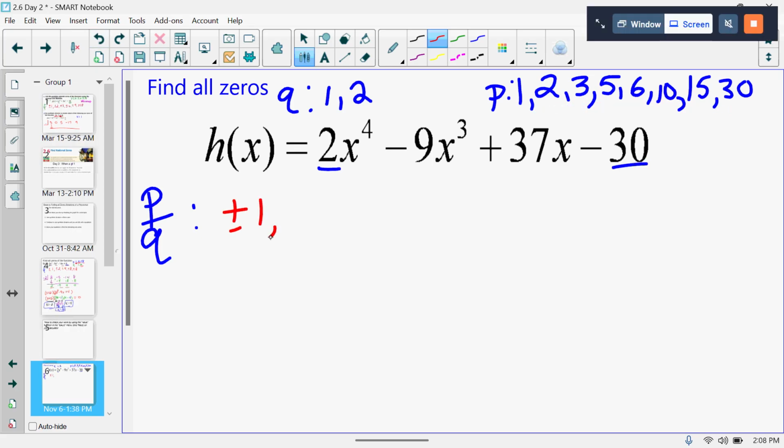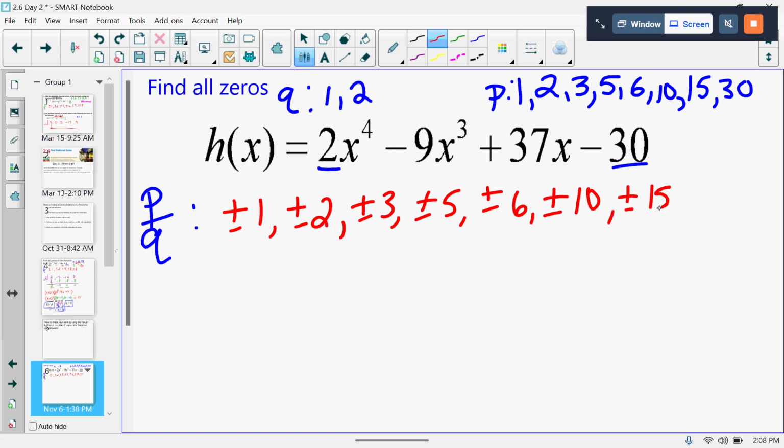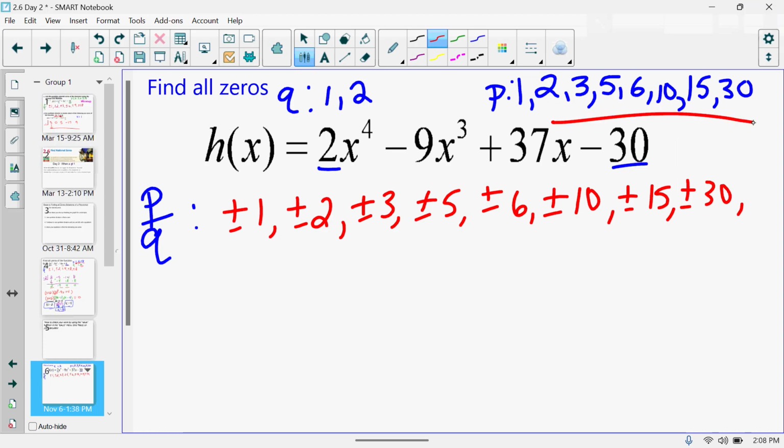So our first set of numbers, since they're all divided by 1, you're just going to list these out. So positive or negative 1, 2, 3, 5, 6, 10, 15, 30, and then we have to put all these numbers over the other Q value of 2.